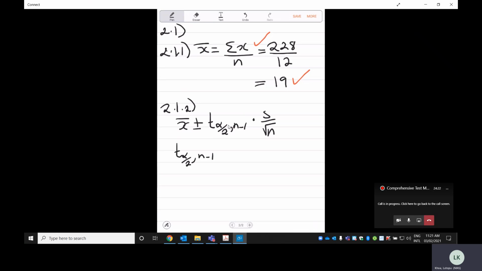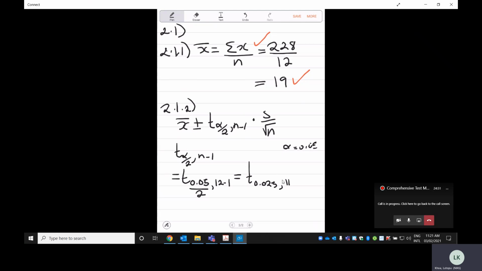So remember, we are asked to do a 95% confidence interval. So this means that alpha is equal to 0.05. So here we are looking for T of 0.05 divided by 2, and then 12 minus 1. This is T of 0.025, comma 11.